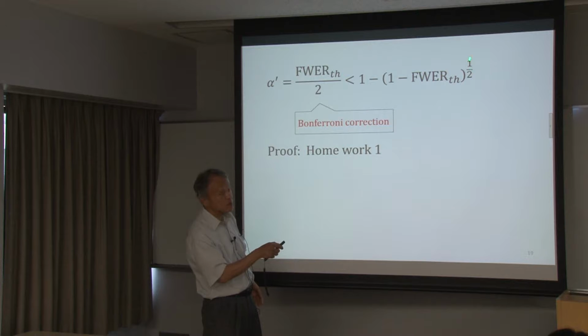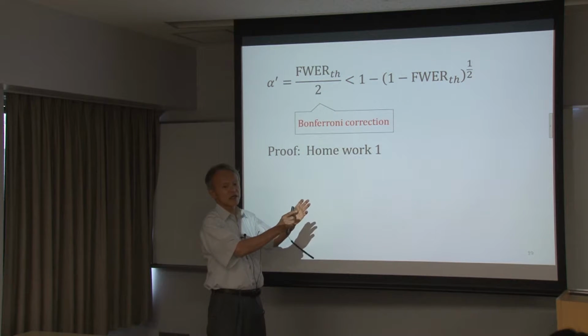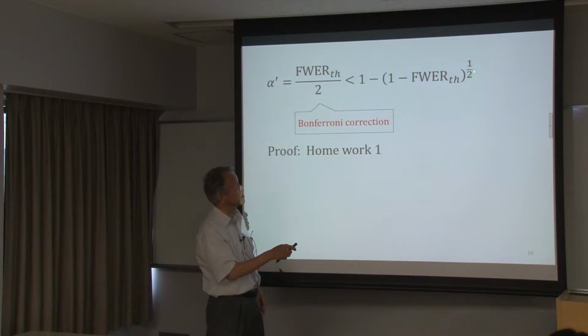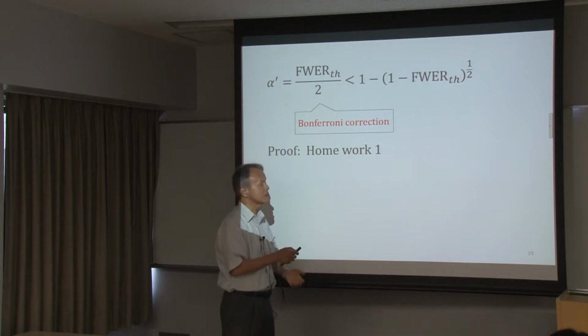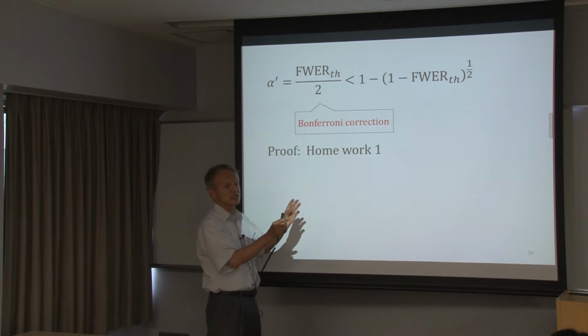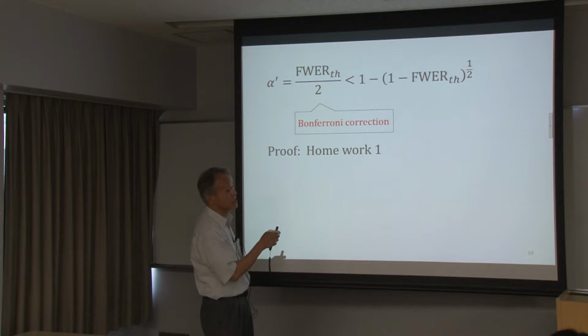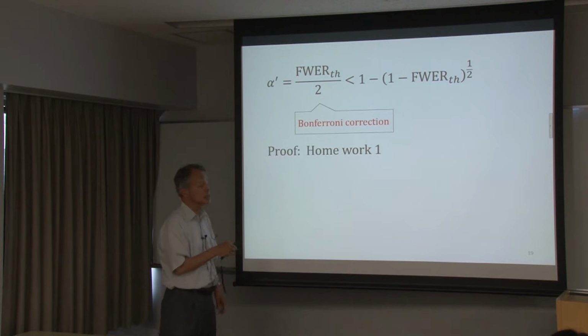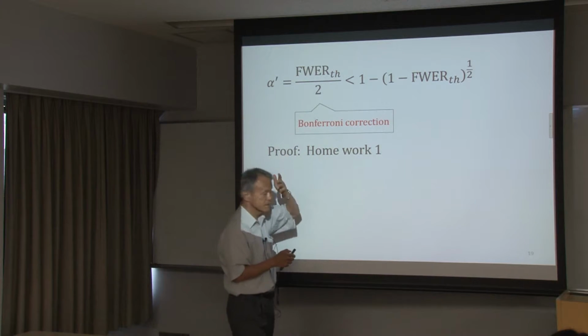This is not so difficult, but if there are 3 groups, then this becomes 1/3, and then it's difficult to calculate this value. So this is convenient. This is called Bonferroni correction. If the t-test is applied 3 times, then this becomes 3. If it is 4, then this becomes 4. It's very convenient. This is called Bonferroni correction.